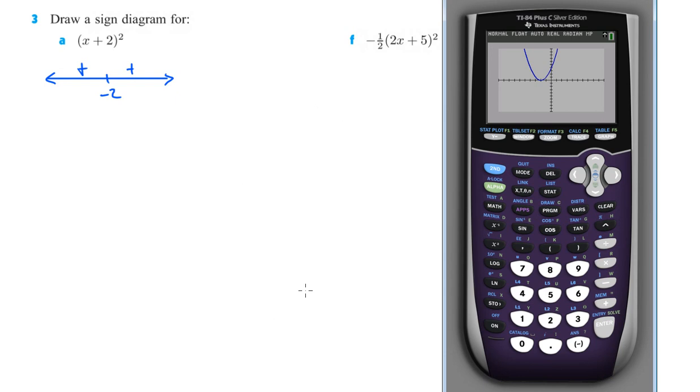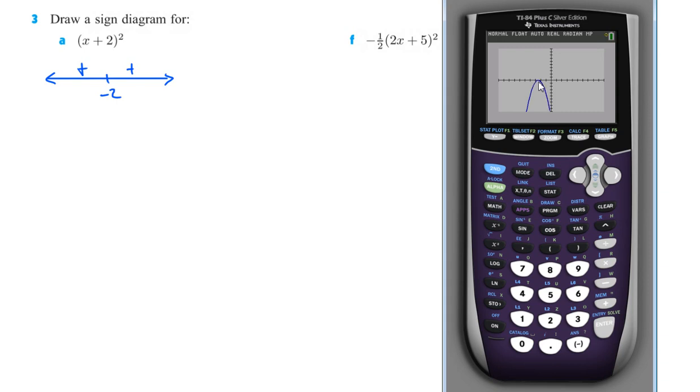For this one here, same thing, go into y equals. Somehow it got on second. We'll do clear, and now I'm just going to do -0.5 parentheses 2x plus 5, and that whole thing is squared. We already did zoom standard, so we should be fine on that again. Let's see what this graph ends up looking like. So here it comes.